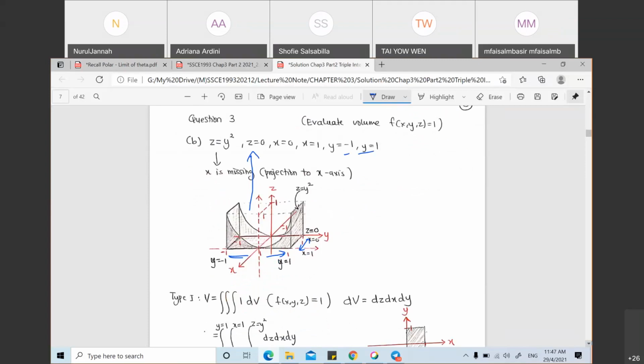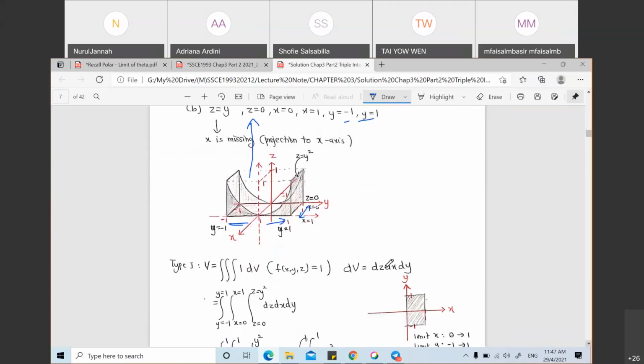So from here, if I want to use dz dx dy, I like type 1, which is easier to see. If you put your eyes here, I can just see a rectangle, which is this.